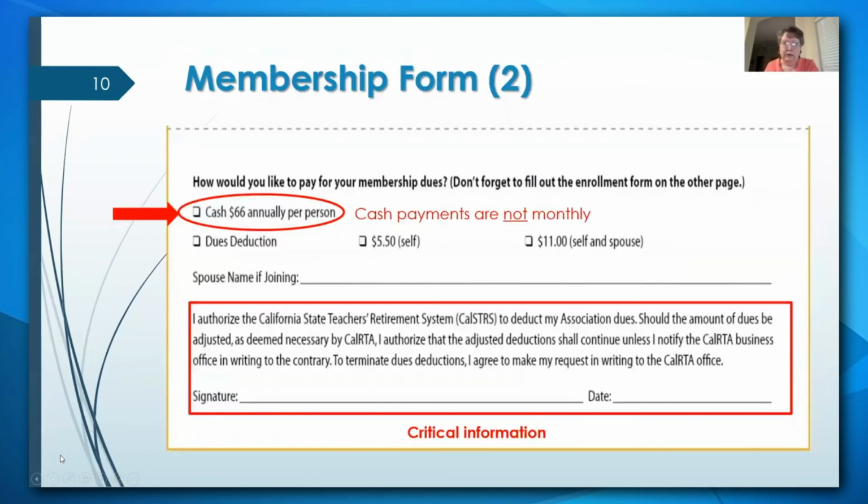Okay, move to 10. Here's where the difference in the types of payments show up. And again, this is on the back side or the second page if you print out that PDF from calrta.org/join-us. The legal language is there in the large red box, and all of it needs to be there.